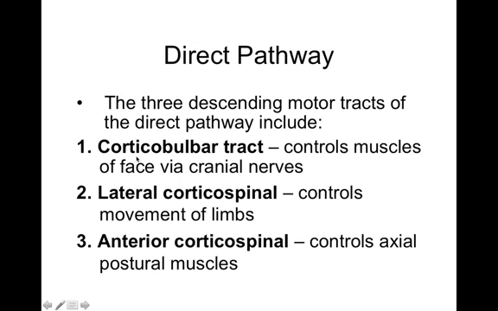So the direct pathways include your corticobulbar, lateral corticospinal, and anterior corticospinal tracts. These are three descending pathways, and if they're direct, is that conscious or unconscious? Conscious, good. So the corticobulbar tract is one that controls muscles of facial expression through cranial nerves. Remember, there are different cranial nerves that control muscles of facial expression.